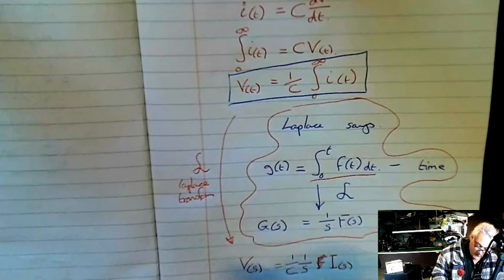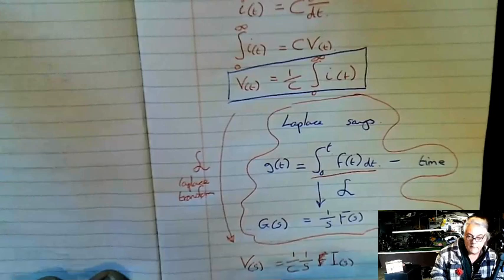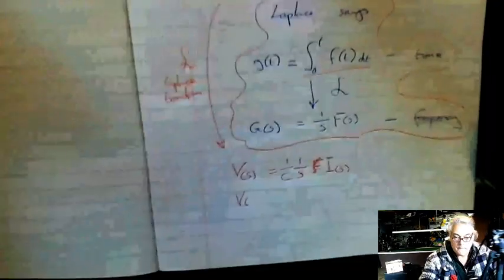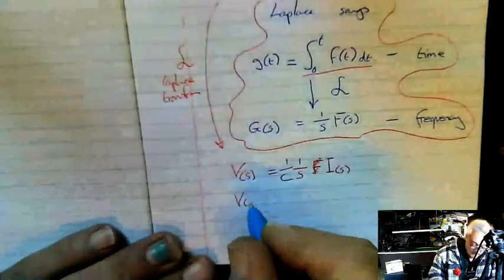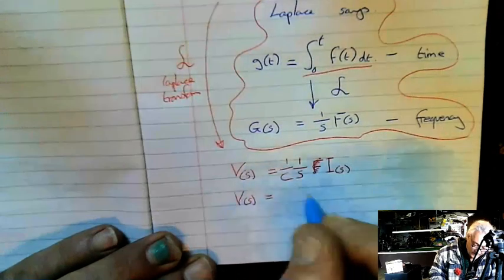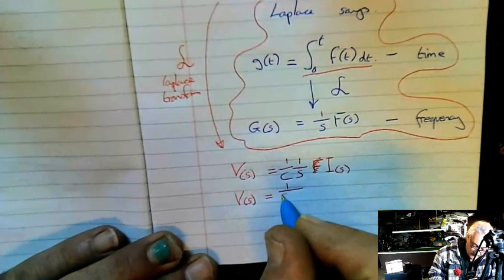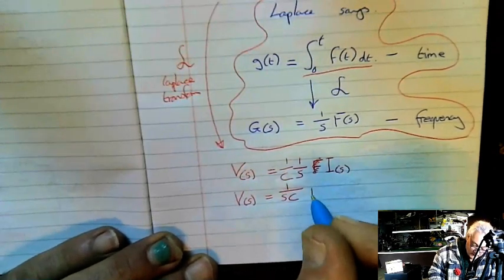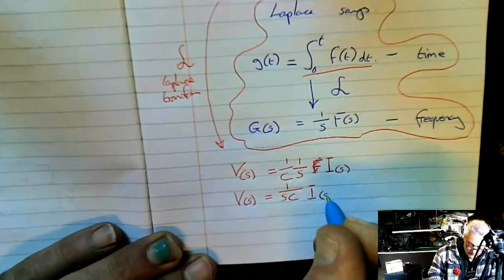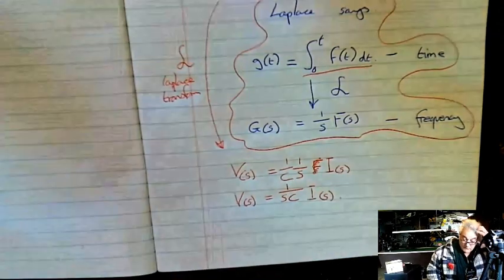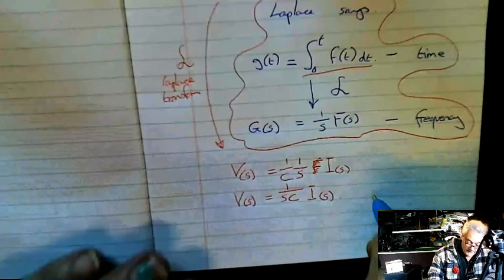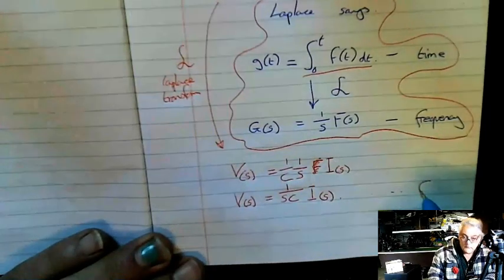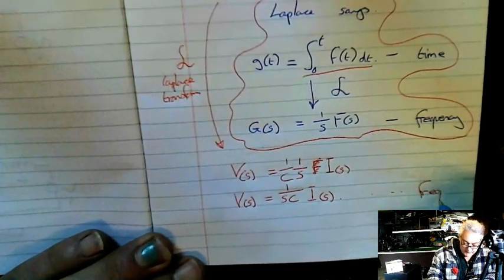That's a bit messy, so we can tidy that up a tad, and we end up with v of s equals 1 upon sc I of s. Remember, this is frequency domain. This is describing what happens in frequency.